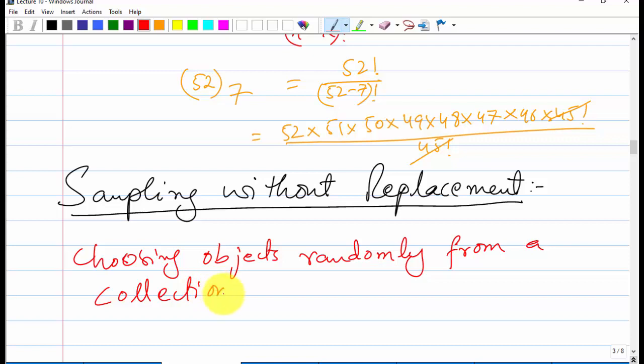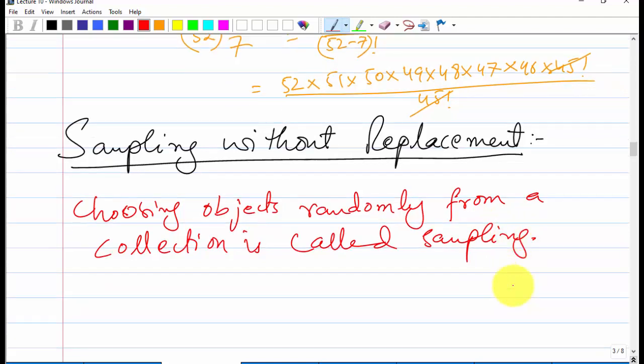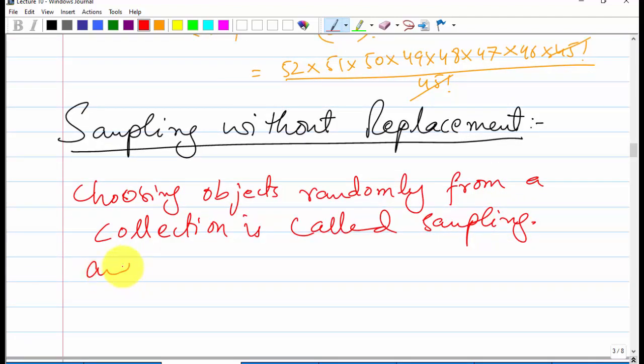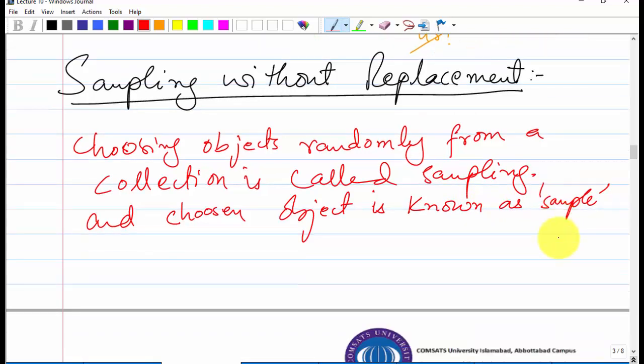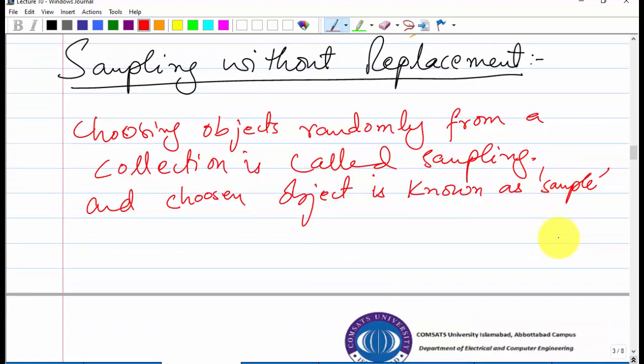That is called sampling. And the chosen object is known as the sample. So we have the sample, meaning whenever we take something.